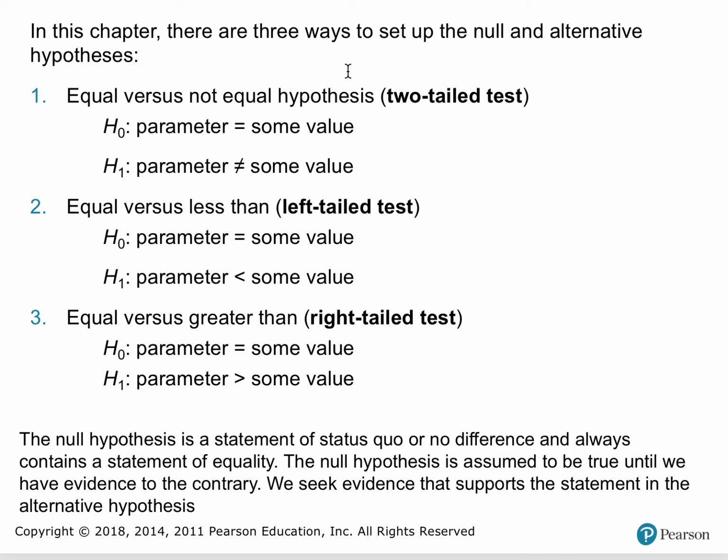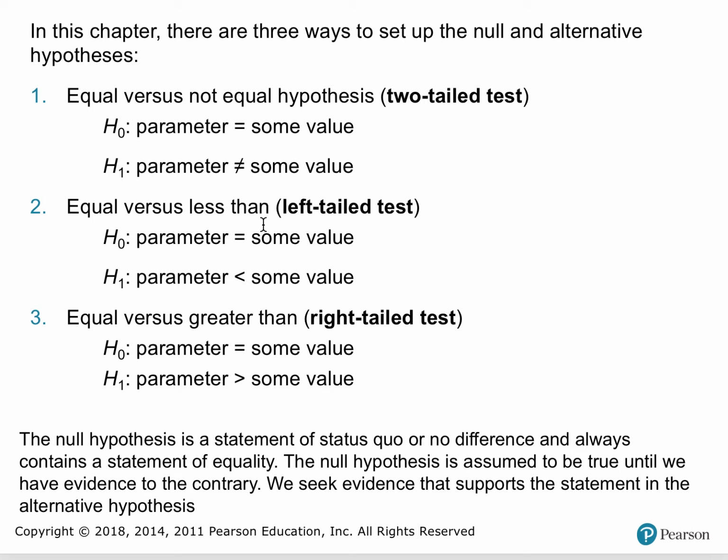All right, in this chapter, there are 3 ways to set up the null and alternative hypotheses. Okay, equal versus not equal hypothesis, which is a 2-tailed test. So you're saying that the null hypothesis is equal to some value, but the alternative hypothesis is saying it's not equal to that value.